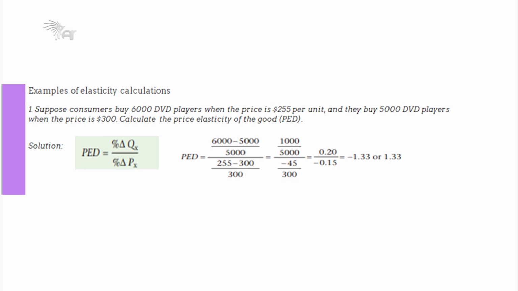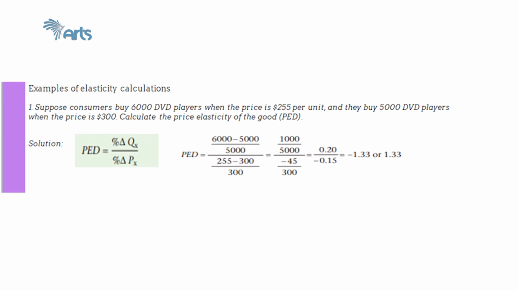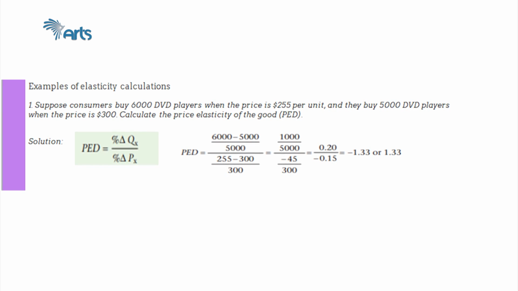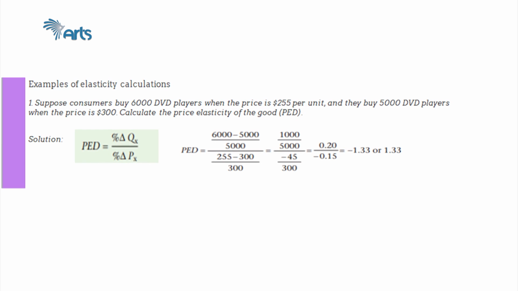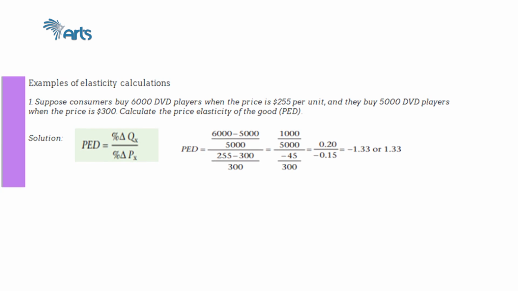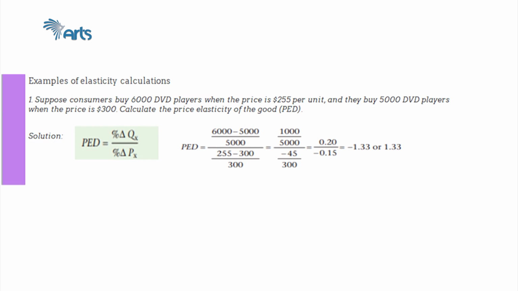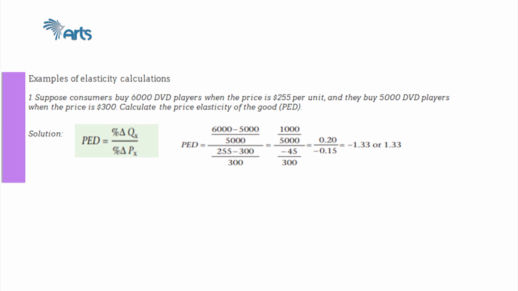We start working on our solution by putting the formula. Remember, the formula for PED is the percentage change in quantity demanded divided by the percentage change of price. So the percentage change in quantity demanded is 6,000 minus 5,000 divided by 5,000, and we divide this by the percentage change in price, which is 255 minus 300 divided by 300.